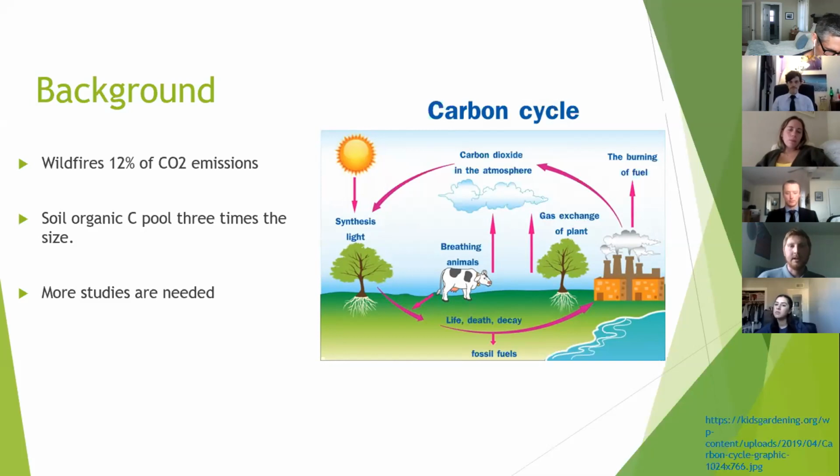Globally, soil organic carbon, which is 3 times the size of above ground carbon, is unfortunately not recorded. And since major disturbances such as fires have on below ground carbon cycles can only increase these uncertainties of how much carbon is actually being released.